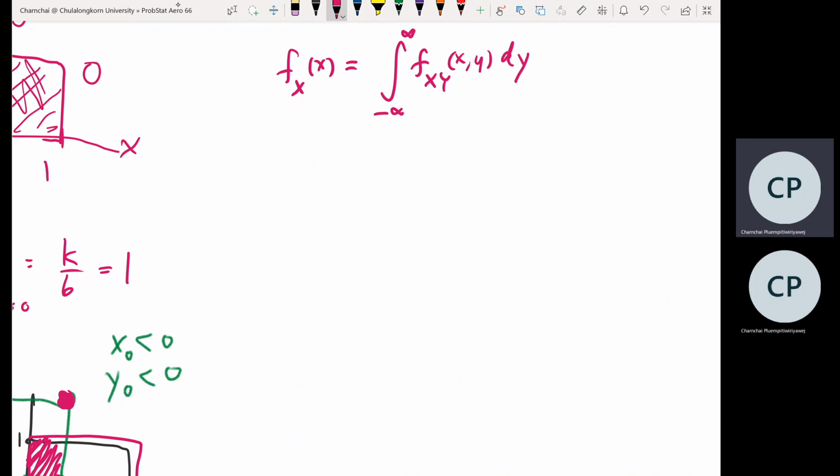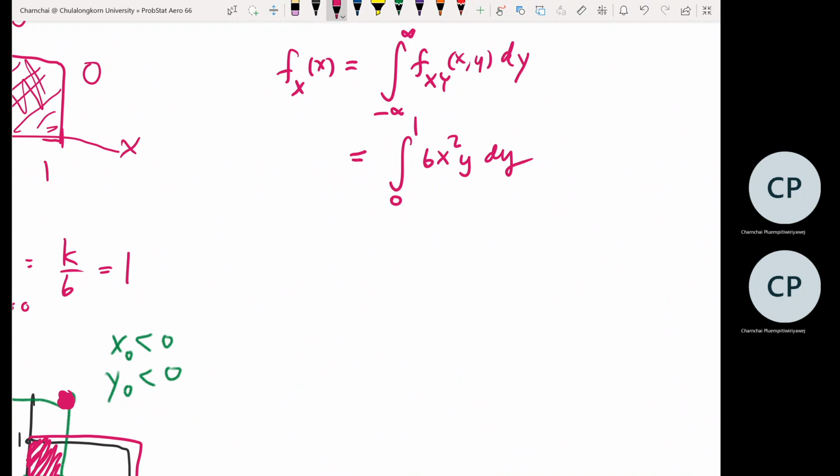Now you substitute in f of x, y, the joint, which is 6x squared y dy, now dy from 0 to 1. Now go ahead and integrate this.